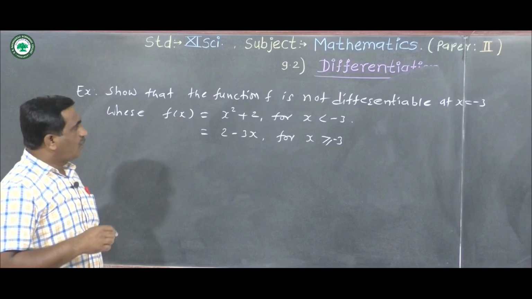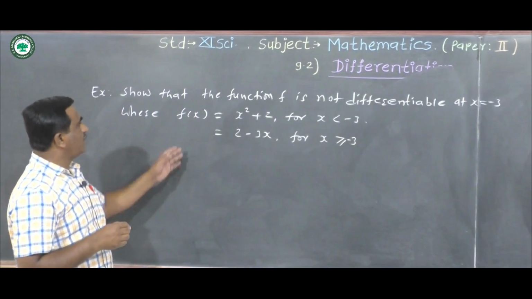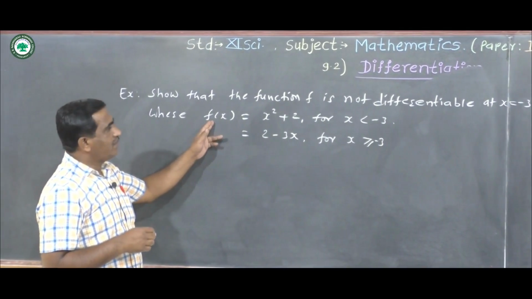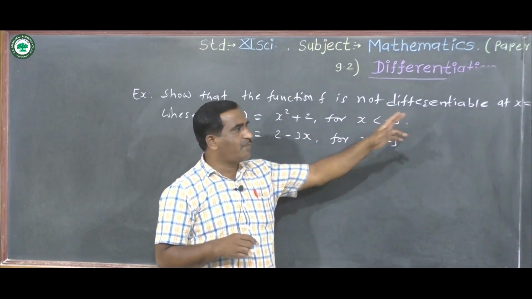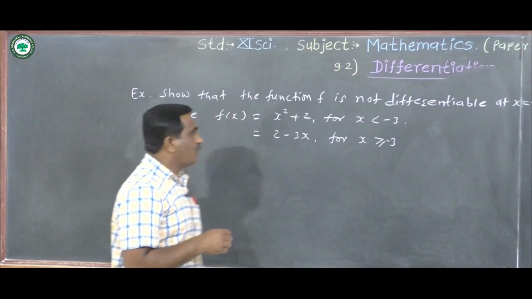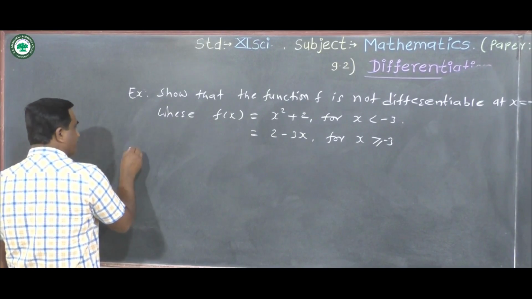Okay, now we have to discuss whether the function f of x is differentiable or not at x is equal to minus 3, that is, the value of a is equal to minus 3. Now we see the answer for this example.